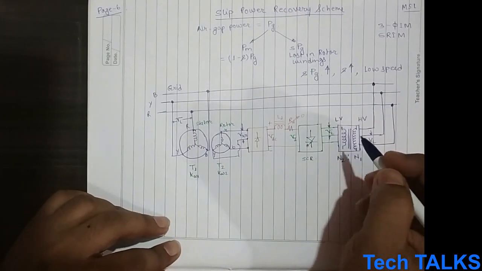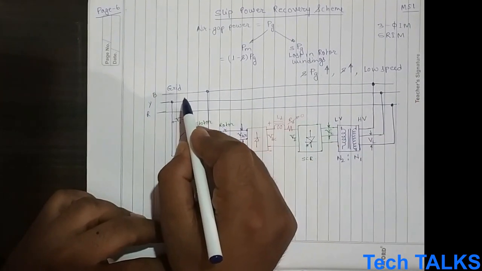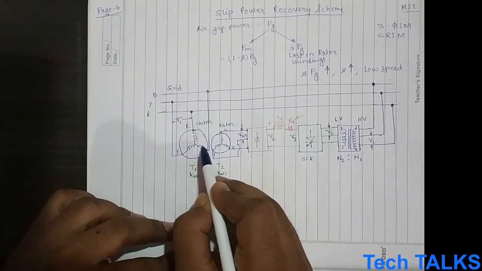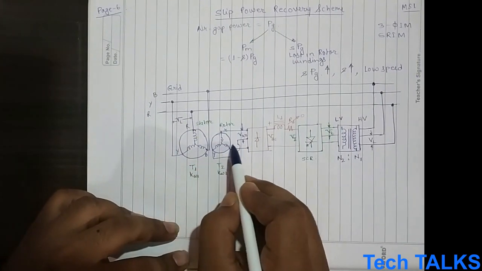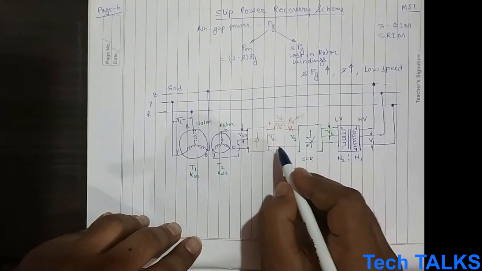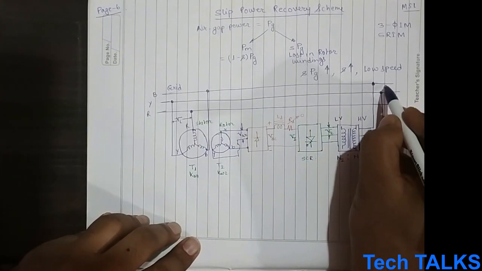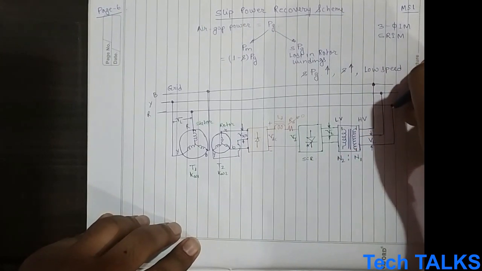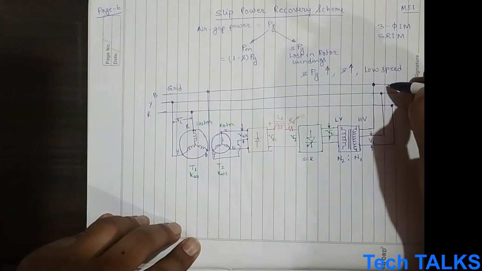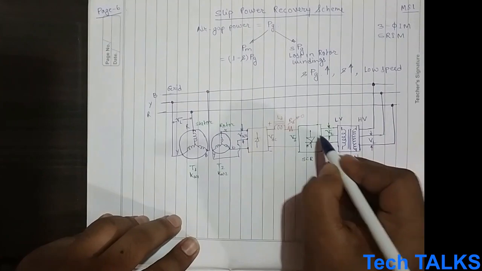So from this diagram you could easily make out that power can enter the motor from this side, and it can go all the way in this direction. But if you try to feed power from this side, you cannot do that. Why? Suppose you are feeding power from this side, here you are getting an AC.